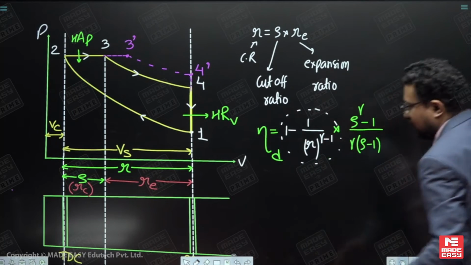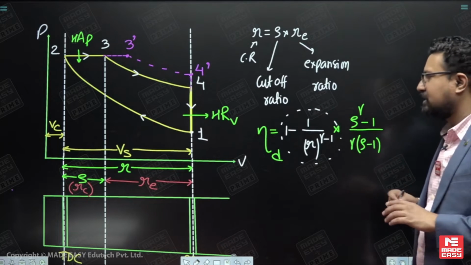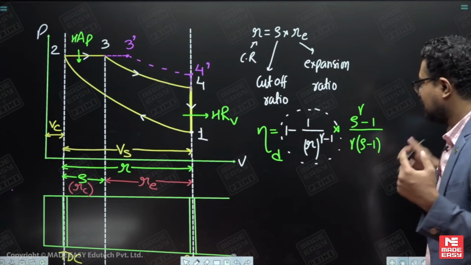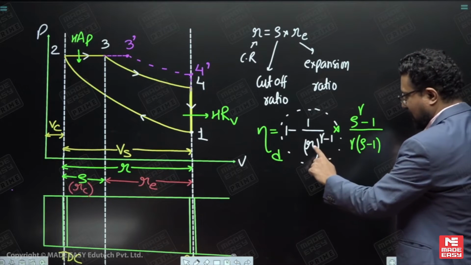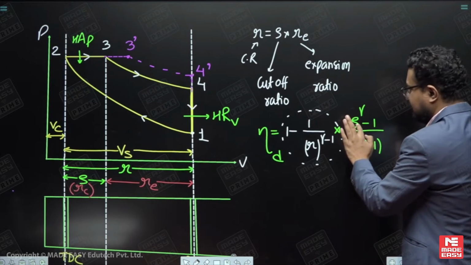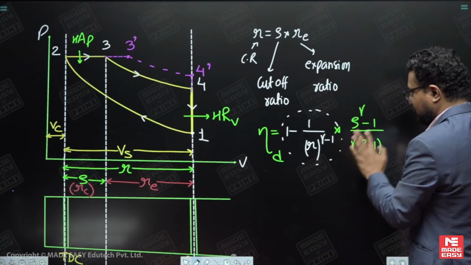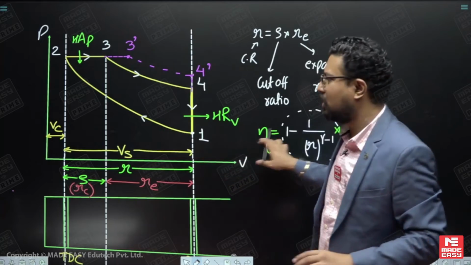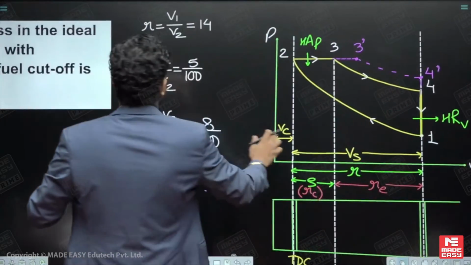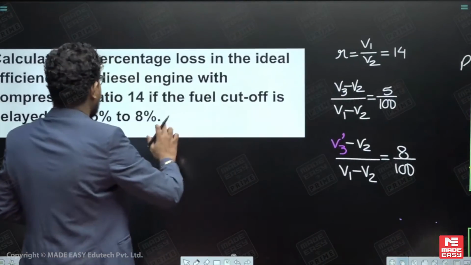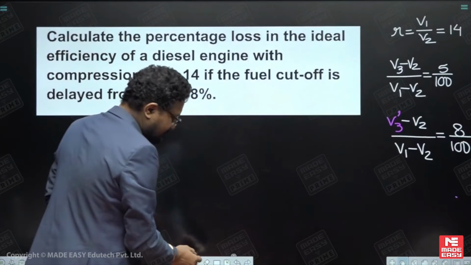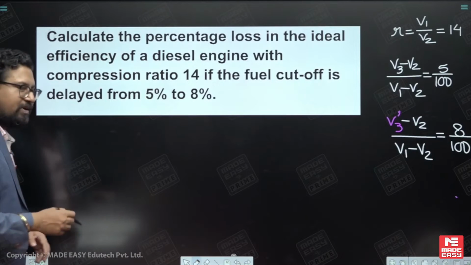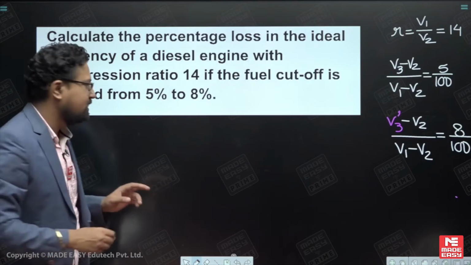Fine. So now let us find out the efficiency. We have to find out the percentage change in the efficiency. For finding out the efficiency, we should know R, we should know rho, the cutoff ratio, and we should know gamma. So let us see if we know these things. We know the compression ratio R, that is given to be 14. And there is no mention of gamma in the problem, so we will take the standard value of gamma, that is 1.4.